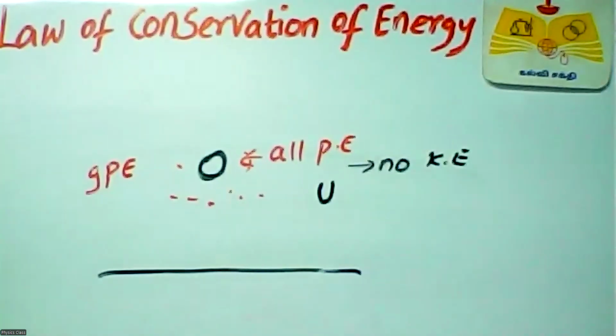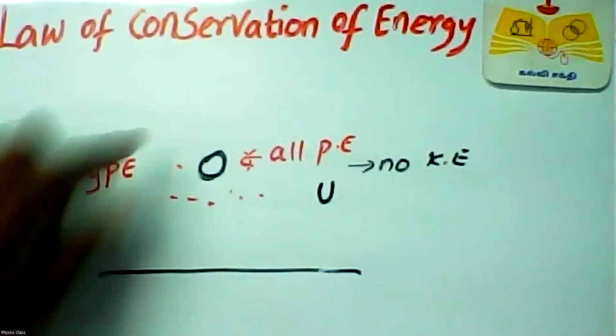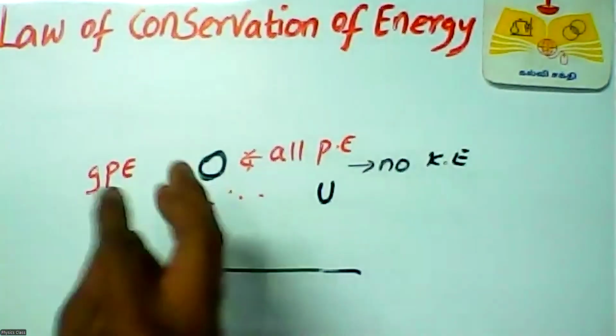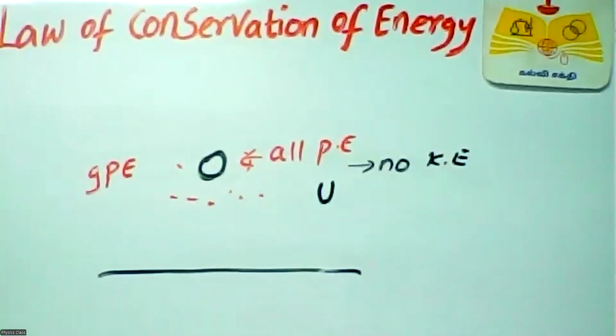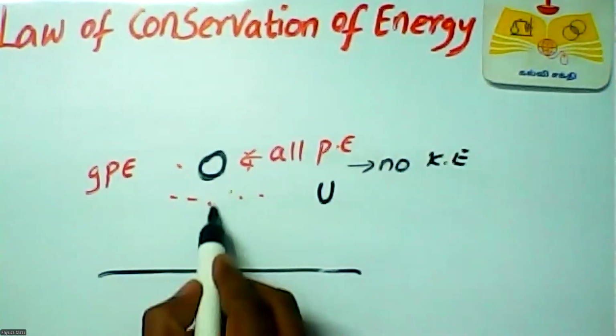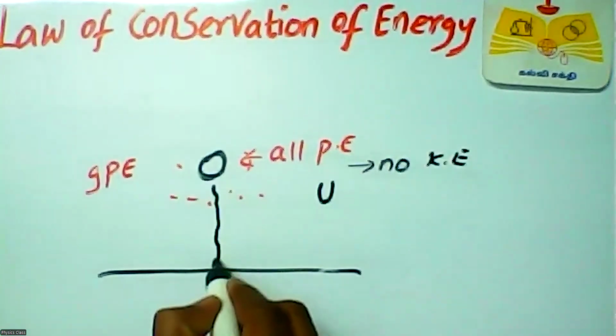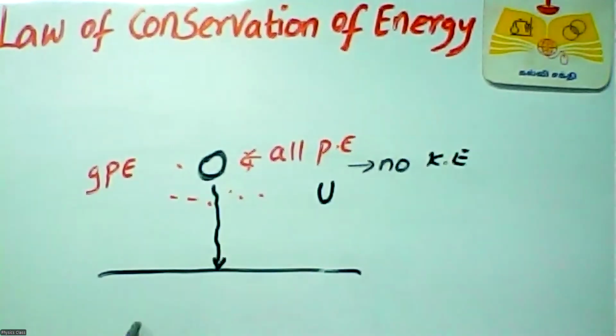But what would happen if I let go of the ball? Think about it. It will come down to this place and hit the ground. But we can consider that it does not bounce back.